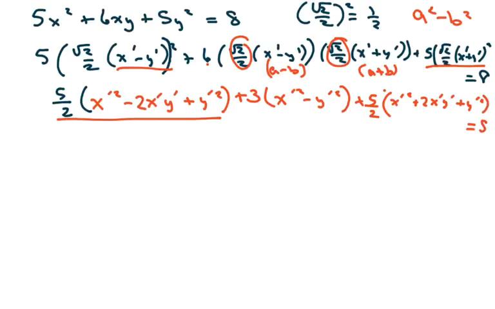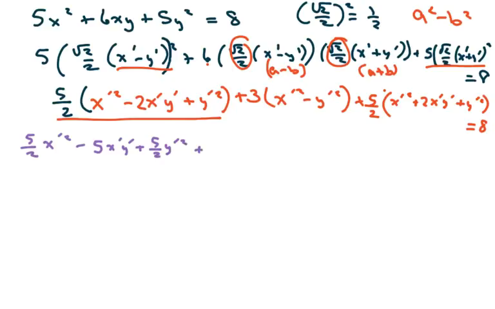And this equals 8. Now I'm going to write all this out, and you get 5 halves x prime squared minus 5 x prime y prime plus 5 halves y prime squared.